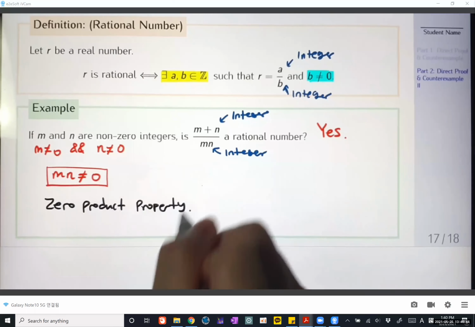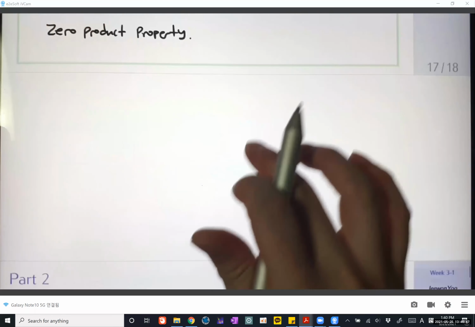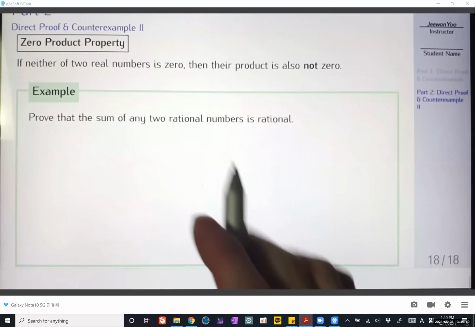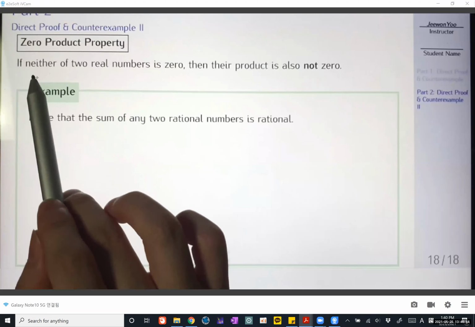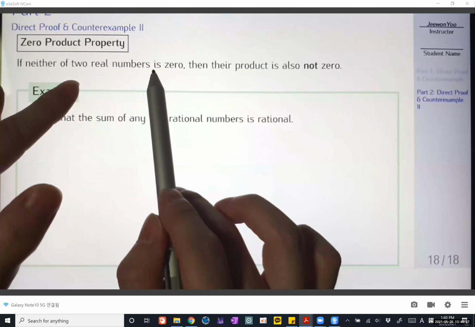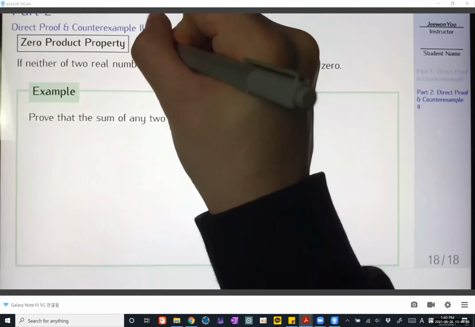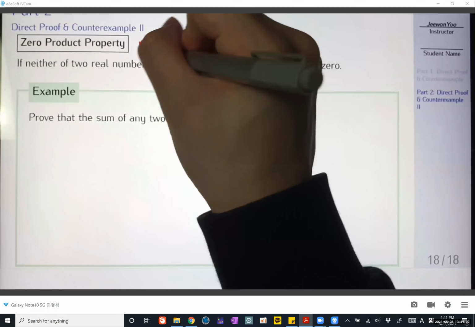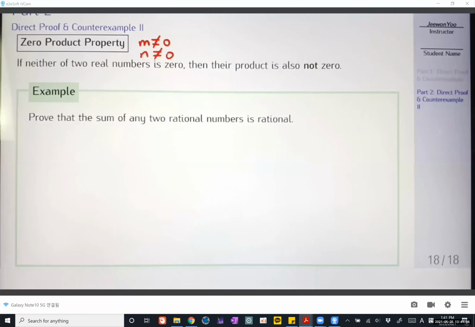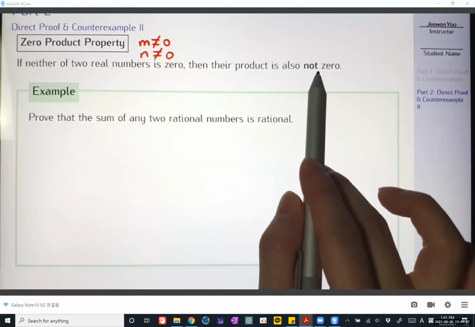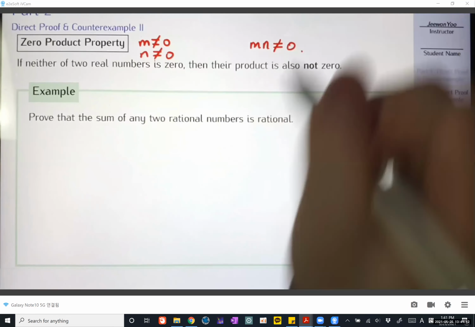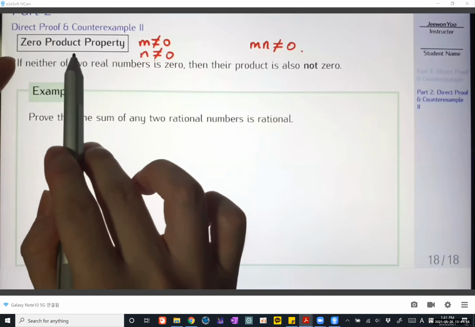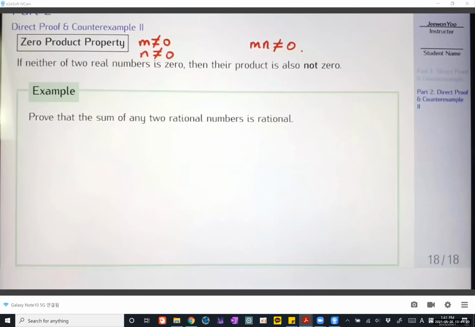The zero product property says if m is not equal to 0 and n is not equal to 0, if both of them are non-zero, then their product is also not 0. So m times n is not going to be 0. That's what the zero product property means, and we might need this to prove the following statement.